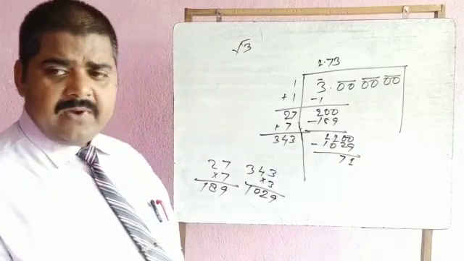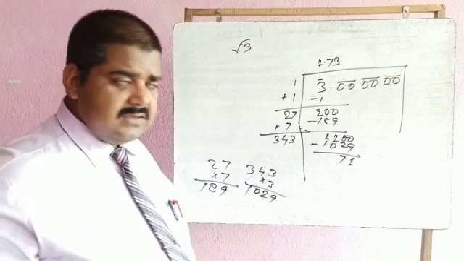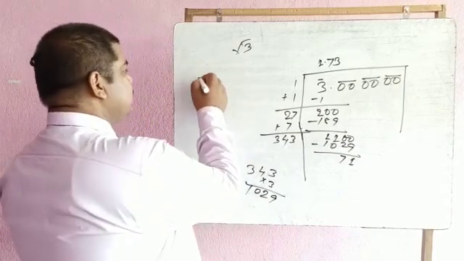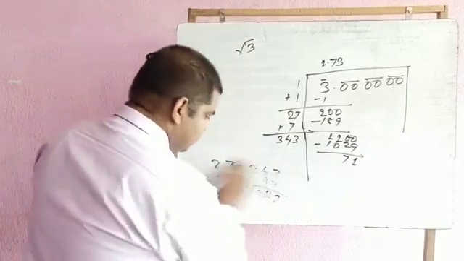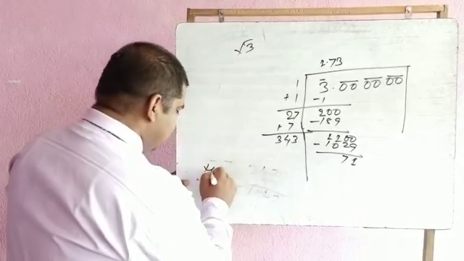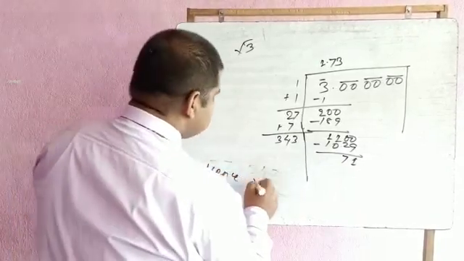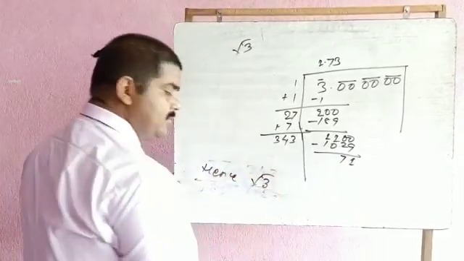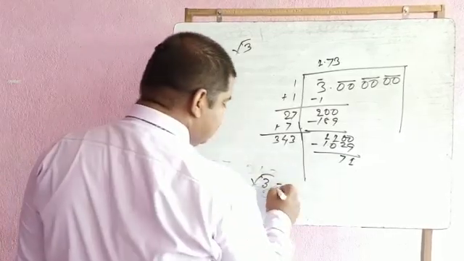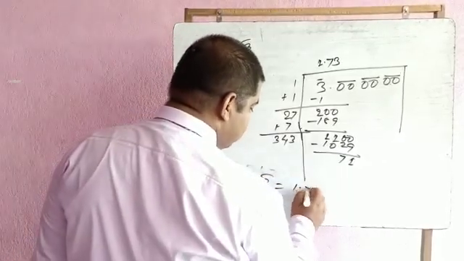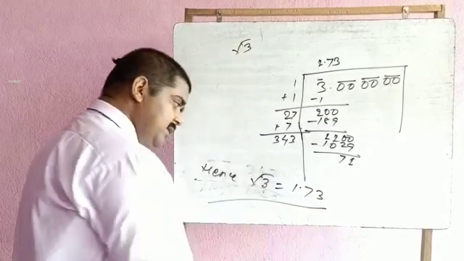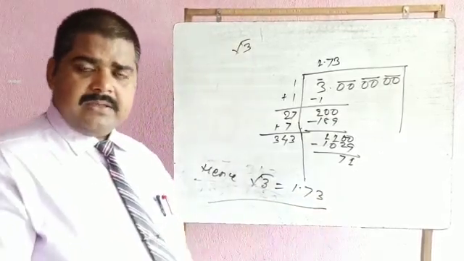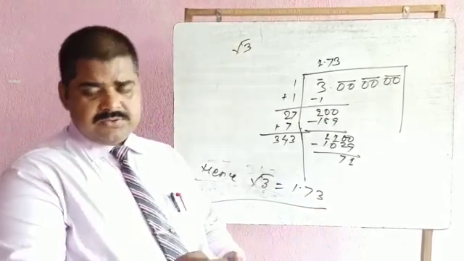So if you have to find out two places, then you write down: hence the square root of 3 is equal to 1.73. And this is how you can solve your question.